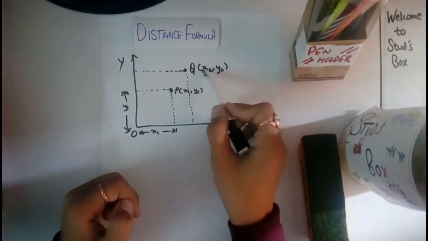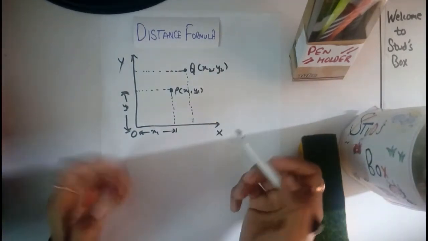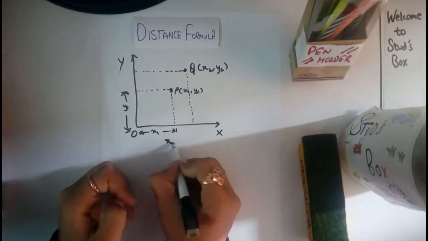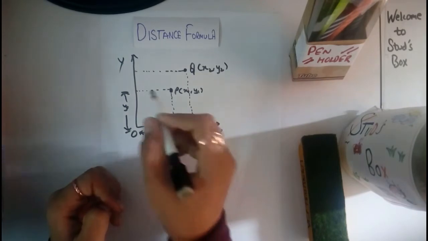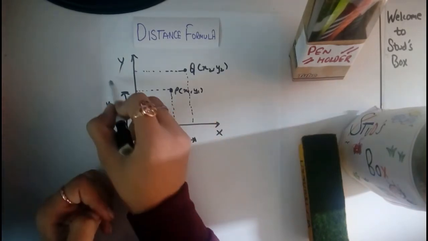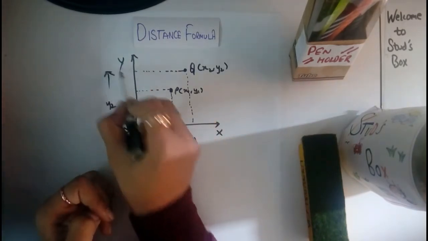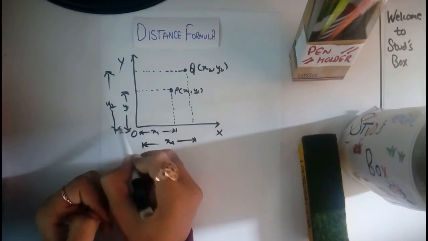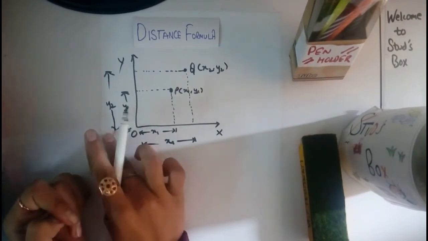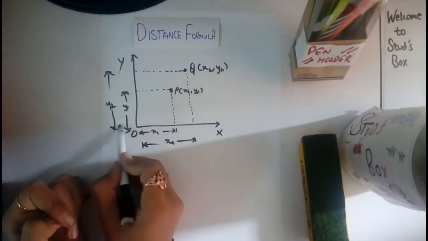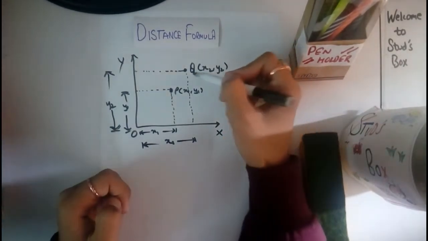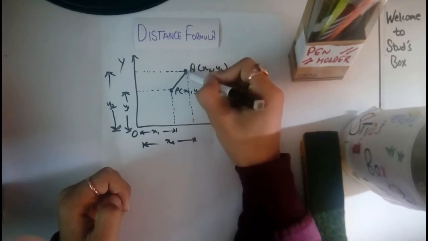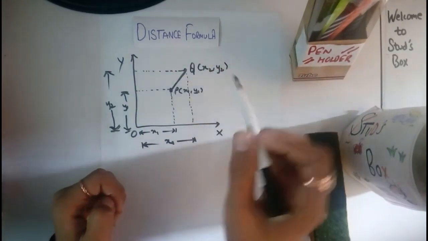And from this Q, x2, y2 coordinate, you can figure out that this will be x2, and this from here to here till the origin, it will be y2. So if we join P and Q, we have to find this distance PQ.